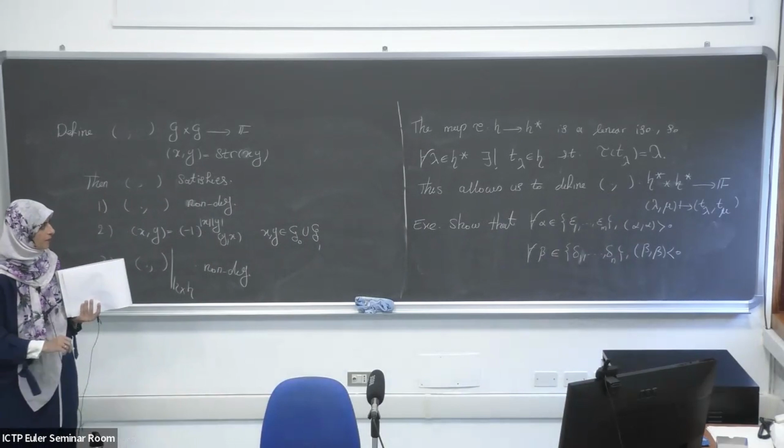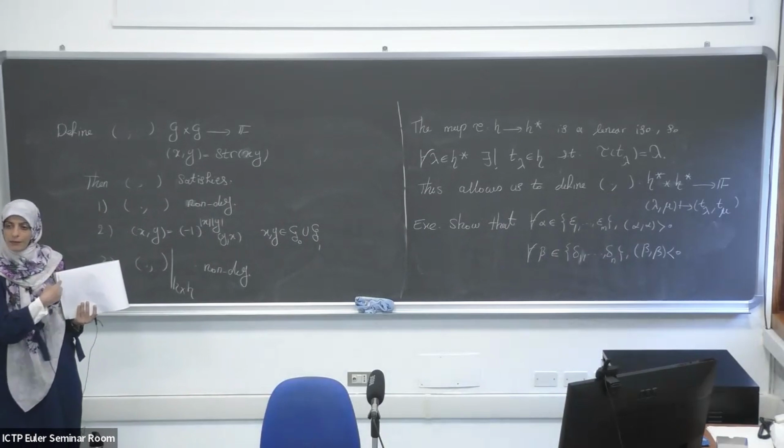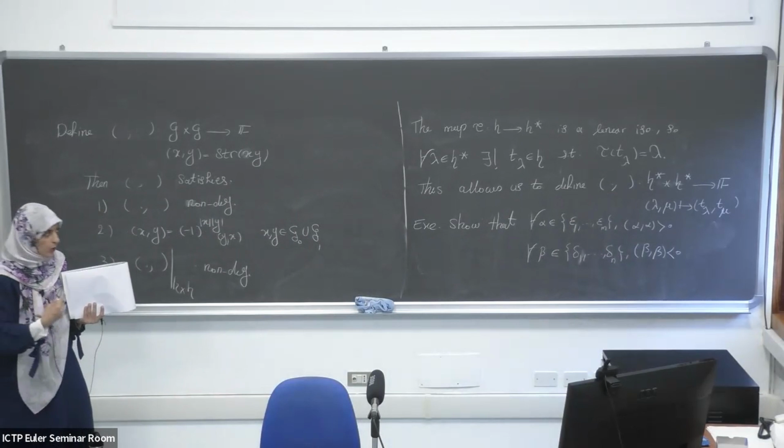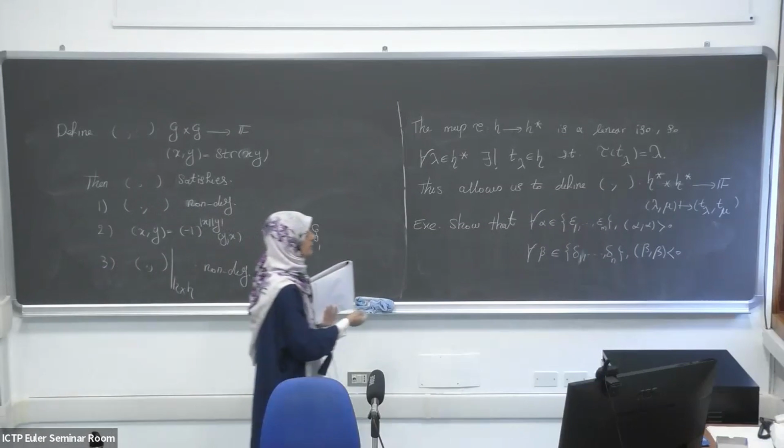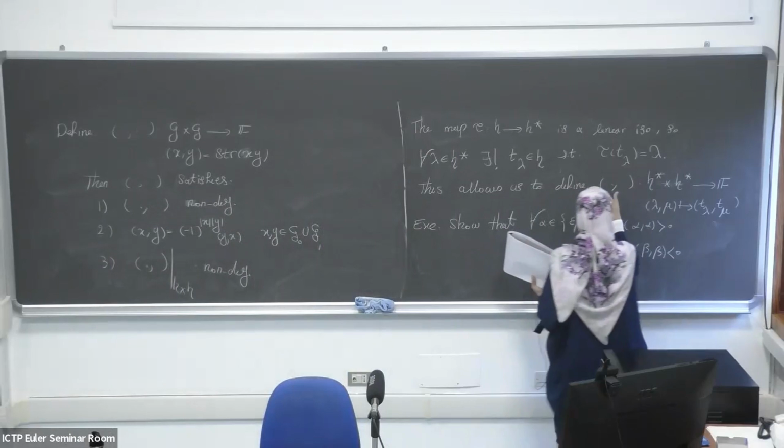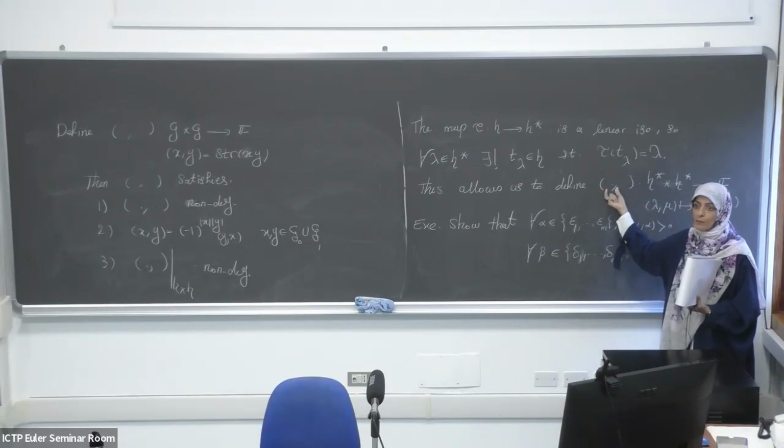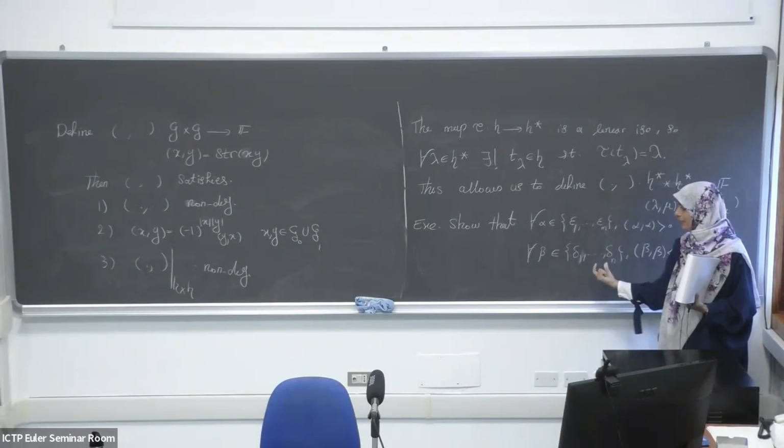And you remember, in the previous example, I told you that the form restricted to the span of R over Q is positive definite. And here we don't have it.